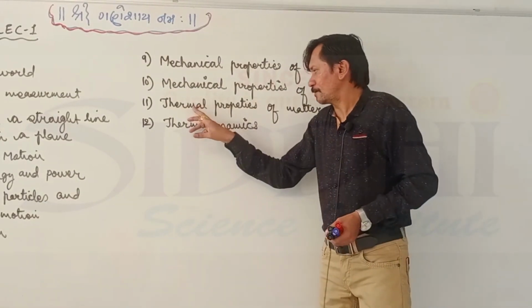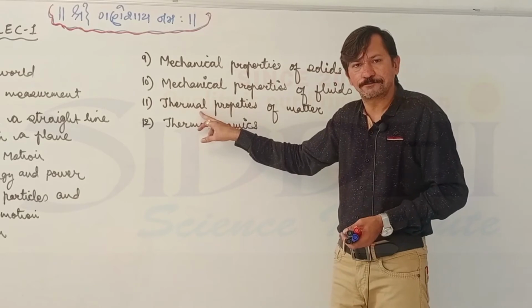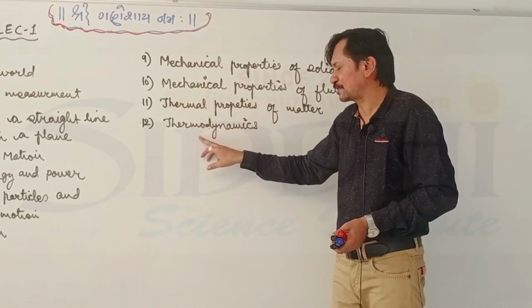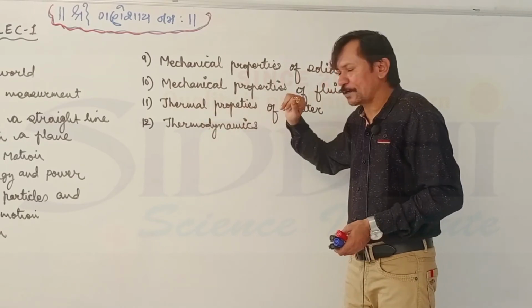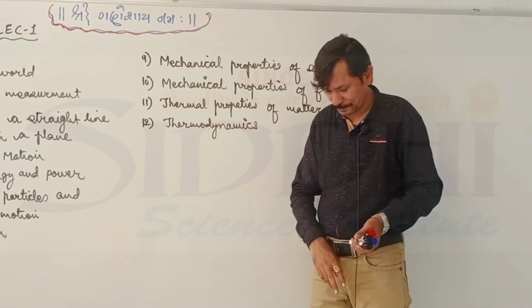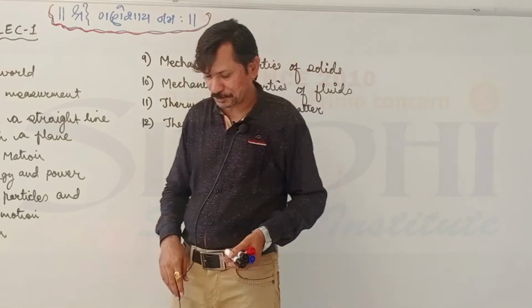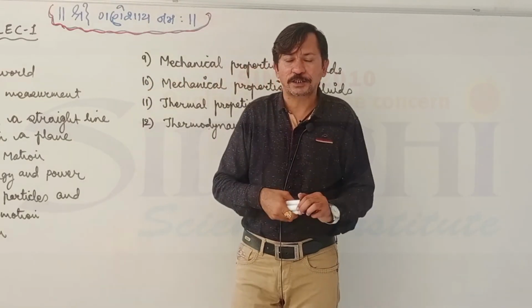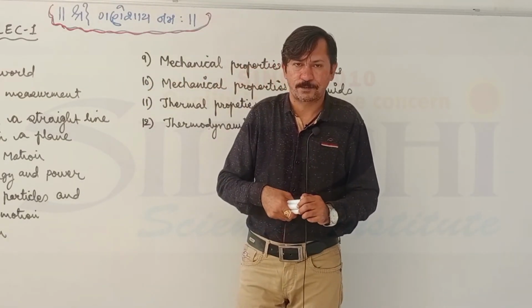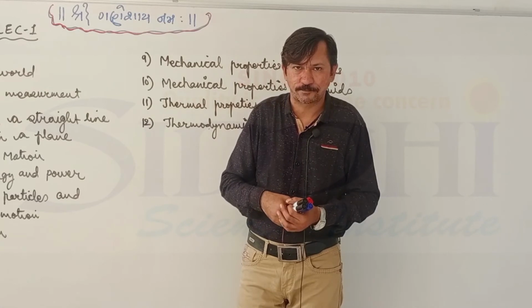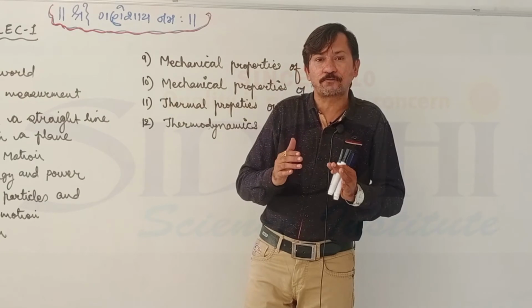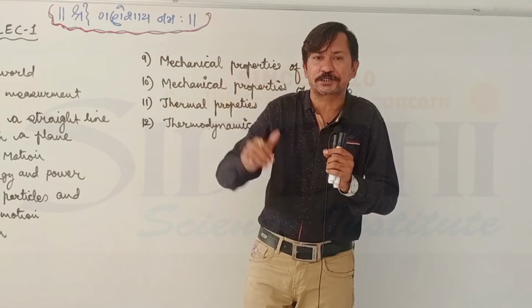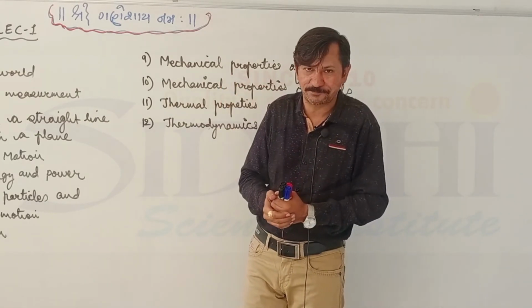In fact, lesson number 11 is a basic lesson to understand thermodynamics. Thermal properties like heat, temperature, change in temperature, such things will be explained. We will understand in this lesson what is the basic difference between heat and temperature.